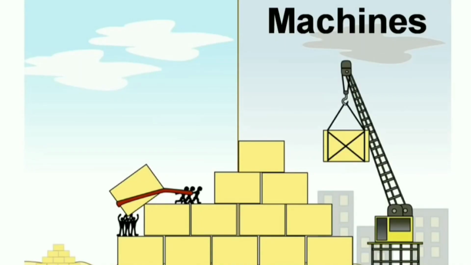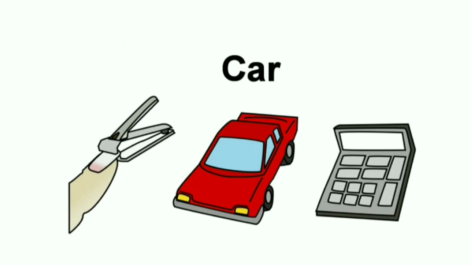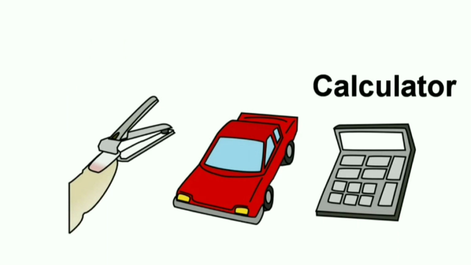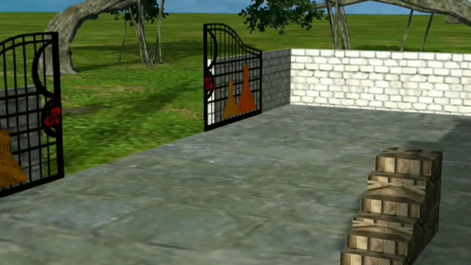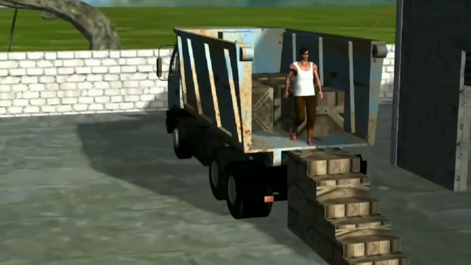It can be as simple as a nail cutter helping us to cut our nails, or a car taking us for a long distance, or a calculator helping us to multiply the numbers fast. Let's watch this video first. It gives some nice examples of the different types of machines, and then we will learn about them.